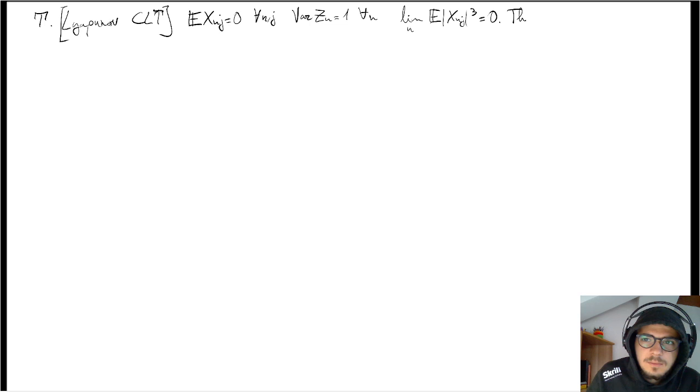Then Z_n converges in distribution to Z, which is distributed as normal 0, 1.